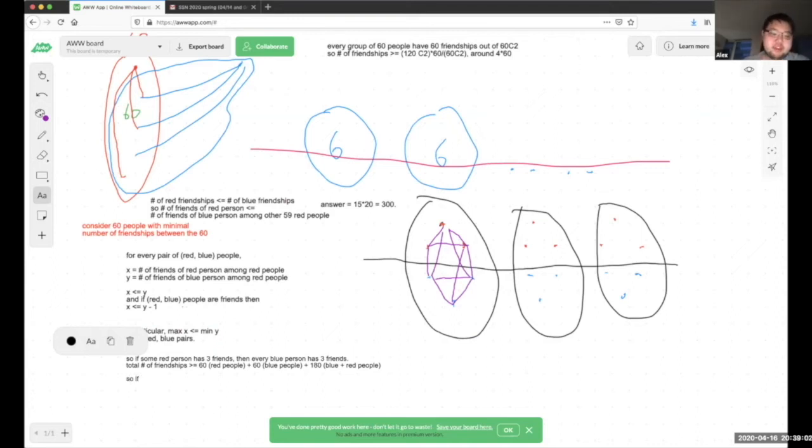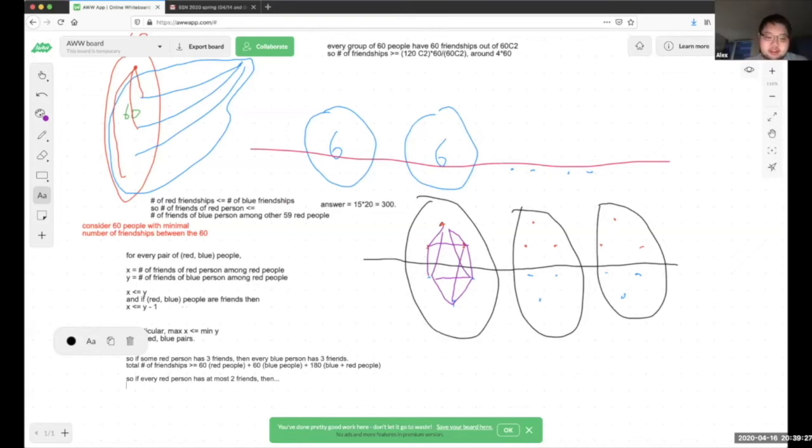So if every red person has at most 2 friends, it has to be exactly 2, because you need the average degree to be at least that. So you just have a bunch of loops. You do need exactly 2, right?